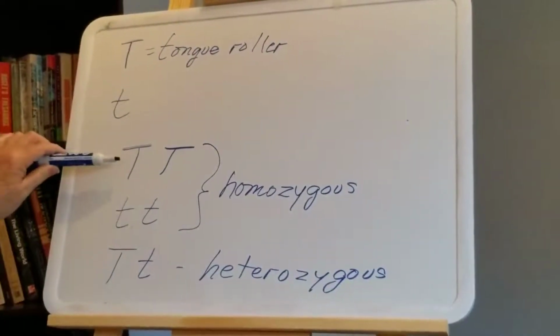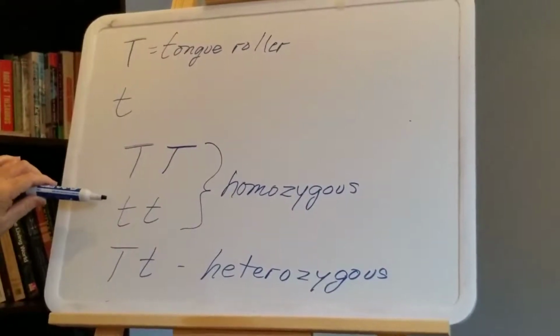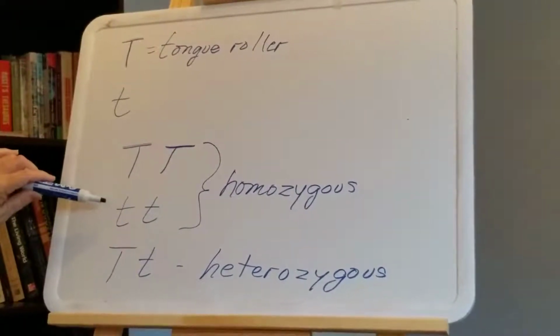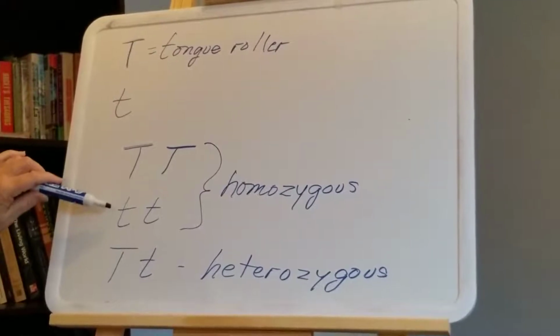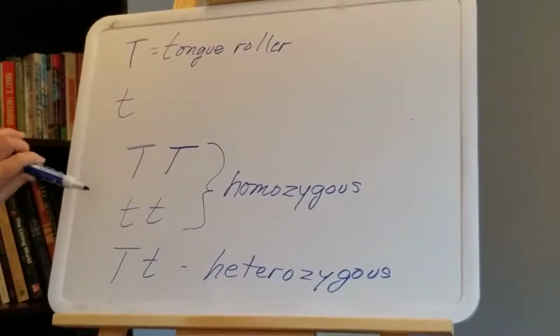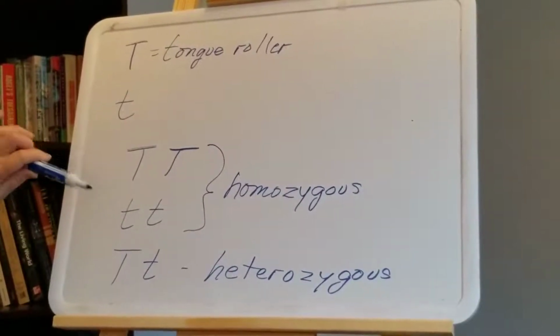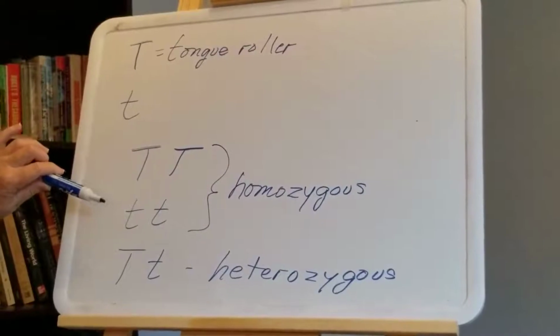The capital letter designates that it's dominant, the lowercase that it's recessive. The only way with complete dominance, the only way that you will see this recessive trait, in this case, that you cannot roll your tongue, is if both of the genes that you have are the lowercase t's.